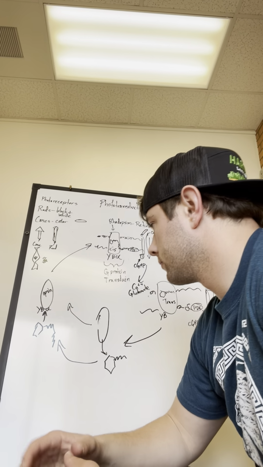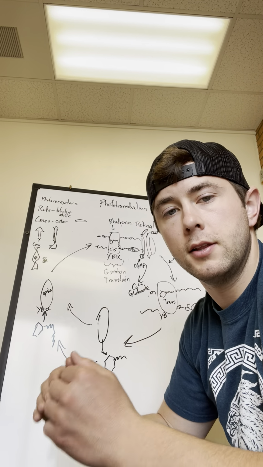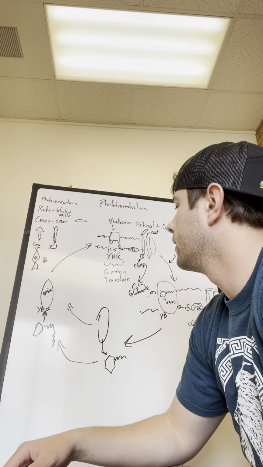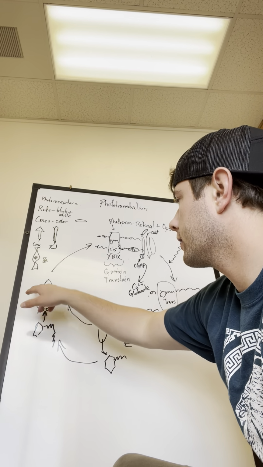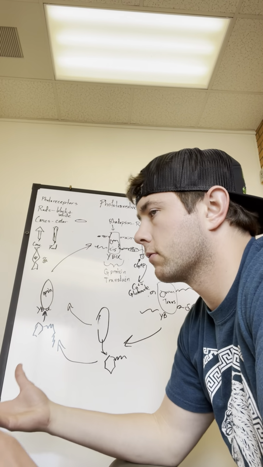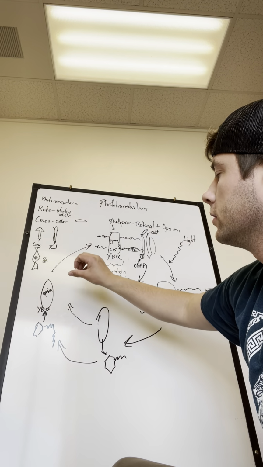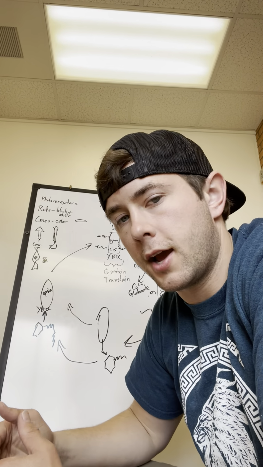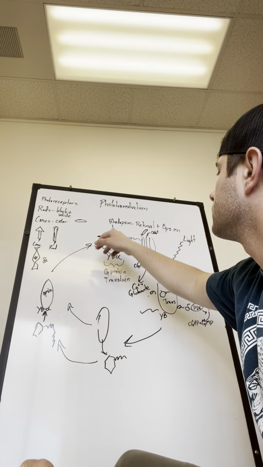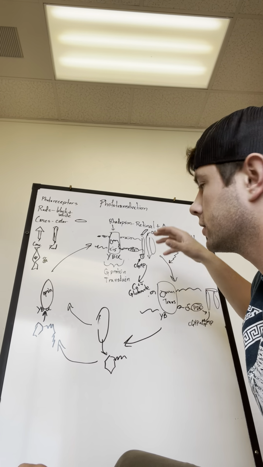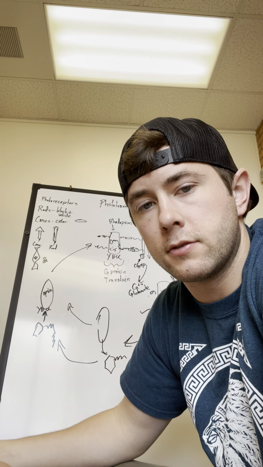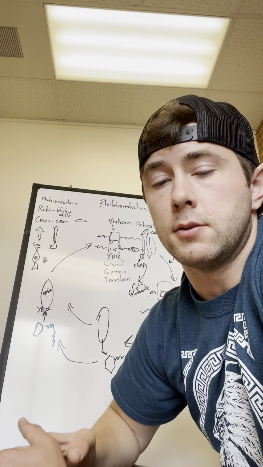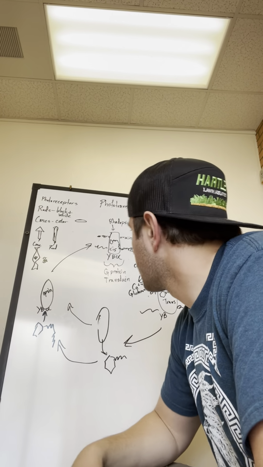Retinal is going to go to a pigment epithelium and get rebent into its cis configuration, and then it's going to enter back into our opsin protein, forming rhodopsin again. And once all those factors have reset and phosphodiesterase has been inactivated, we're now back to a state where cyclic GMP is active again because phosphodiesterase is not interfering, and we're allowing the cell to depolarize because sodium is getting in again.